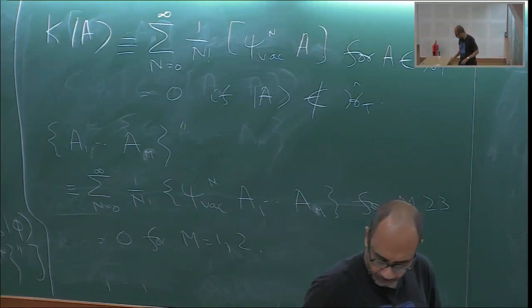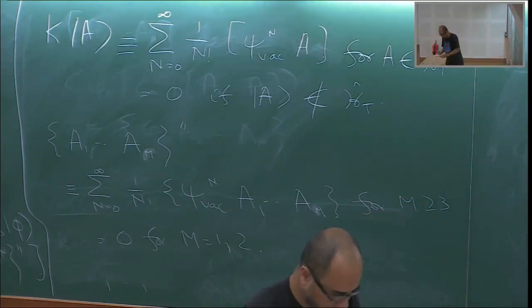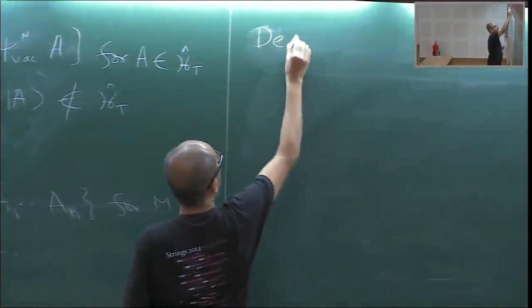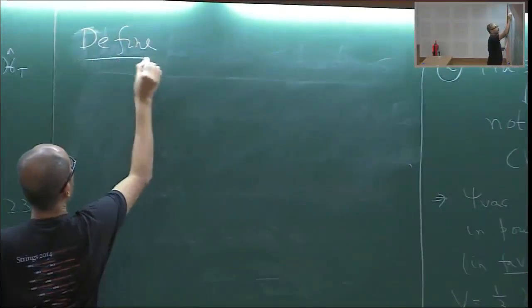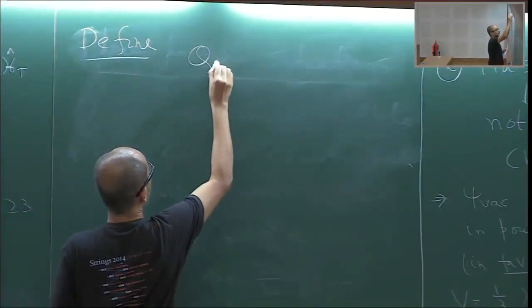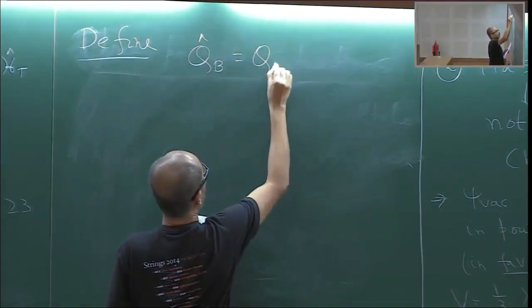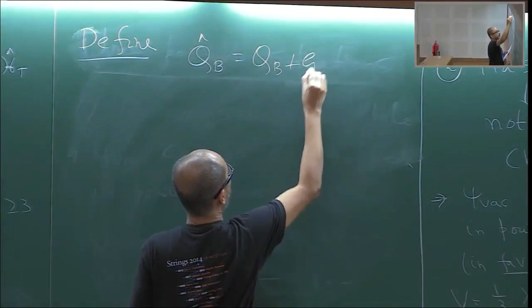Okay, I'll now use two other definitions. So define QB hat equal to QB plus GK.